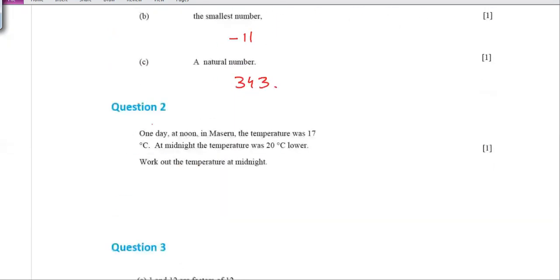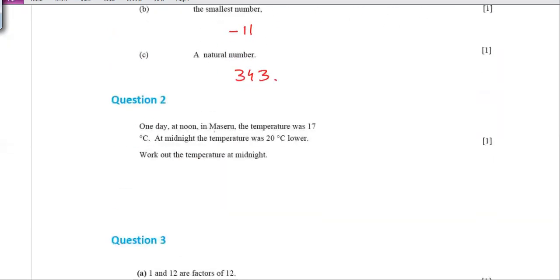Okay, next question 2. One day at noon in Mesiro, the temperature was 17 degrees Celsius. At midnight, the temperature was 20 degrees lower. Then when the word lower is used, because you will always find in your IGCSE paper 2 one question like that one, from that given temperature you will subtract.